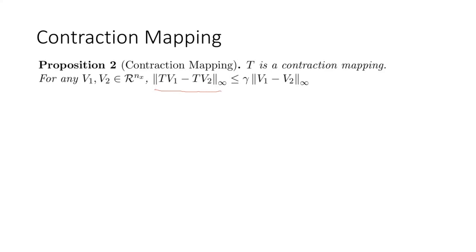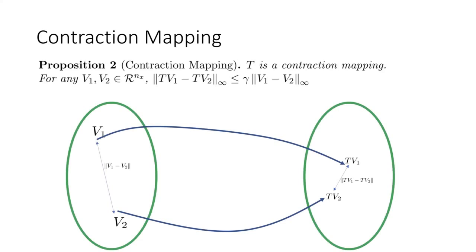That is, the distance between v1 and v2 before and after operating with the Bellman operator: the distance after the Bellman operator is going to be strictly less than the distance before.